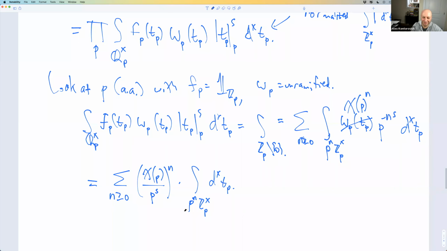It's multiplicative, so dilating does nothing, and the integral over Z_p cross is 1. So this whole thing is 1. So you literally just get the L function back. I get 1 over 1 minus chi of p over p to the s, which is the local L function for that character at s.